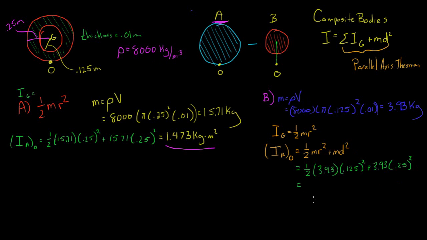And we get a moment of inertia of B equal to 0.276 kilogram meter squared.